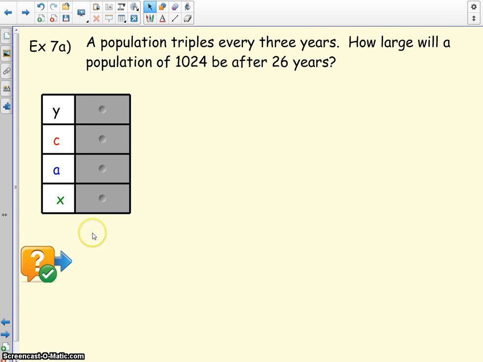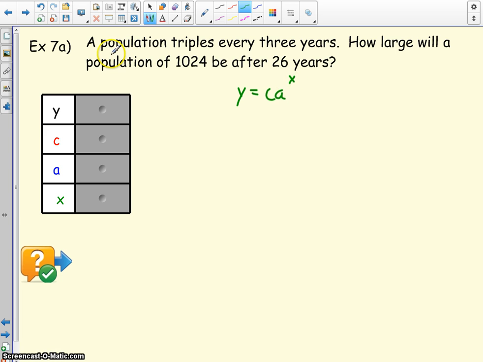Okay, so let's take a look at something a little bit different. So again, these problems are getting a little bit more complicated here. So we have a population that triples every 3 years. How large will a population of 1024 be after 26 years? Okay, so this one's a little bit different. We're going to start with y equals c times a to the x. So that is not changing.